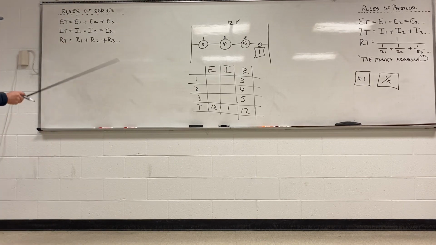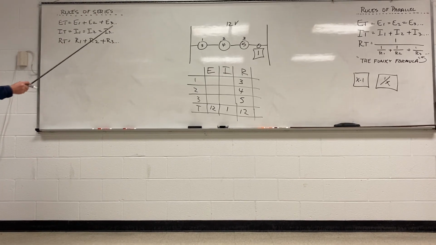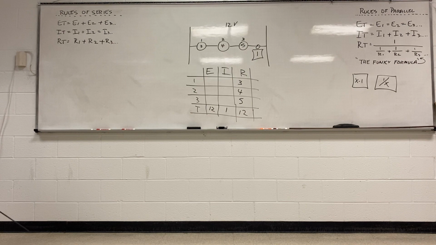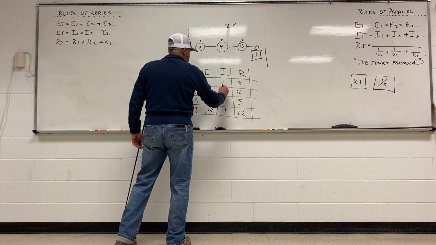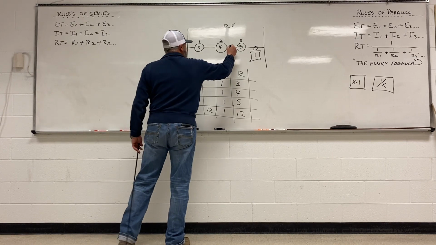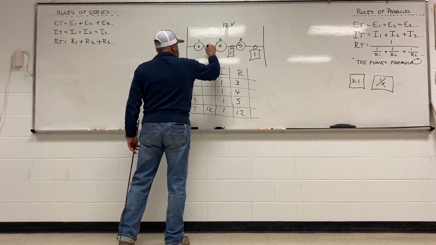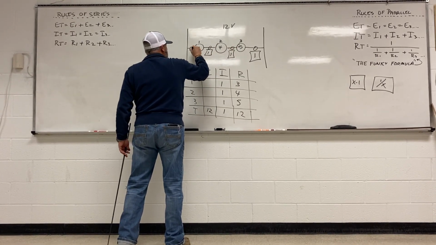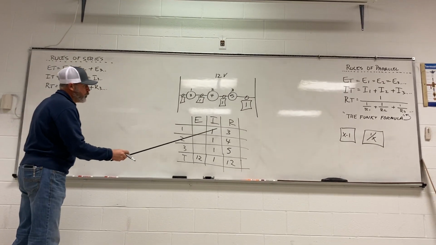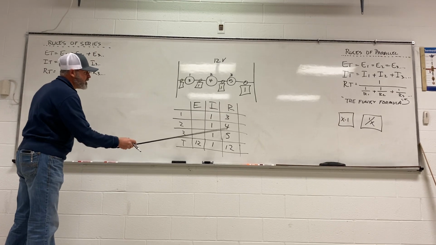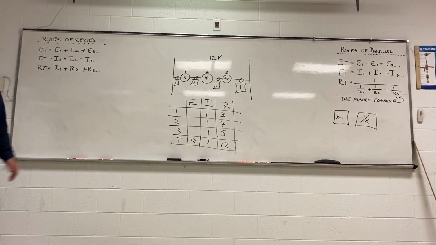What do we know about amperage in a series circuit? Amperage stays the same. So the amperage through all loads would be 1. Now, do we know two properties of each one of the loads now? We do.